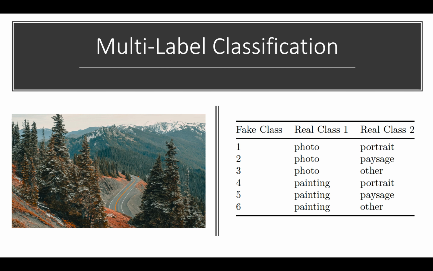There is another one. In some situations, more than one label is appropriate to describe an example from the dataset. Here we talk about multi-label classification. In this image that you see here, we could assign several labels. It could be mountain, it could be road, it could be both of them at the same time.